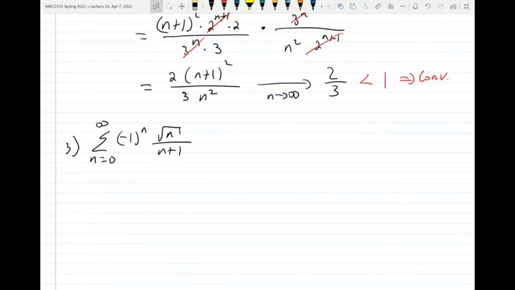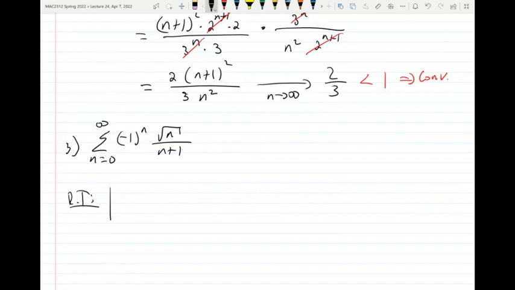for example, I see this and I wouldn't even use the ratio test. I would just use the alternating series test from the get-go because I see the alternating symbol. But the point is that if you do the ratio test, I believe that we're going to get 1 for the limit. So let's do that for practice.